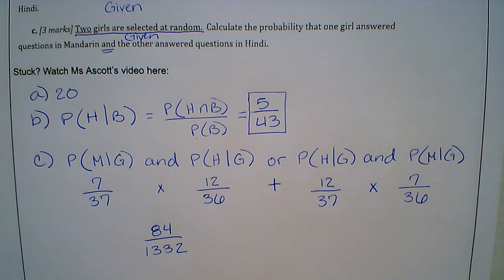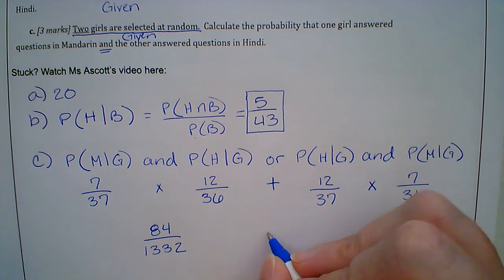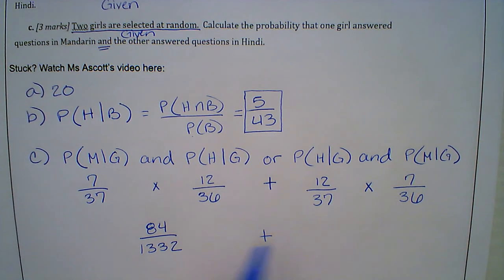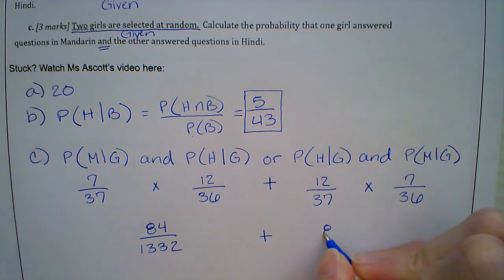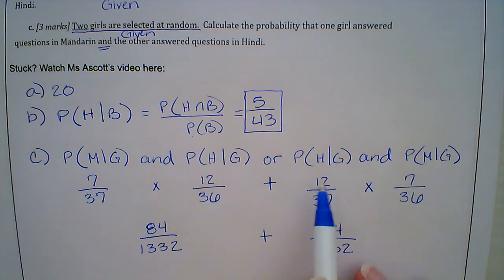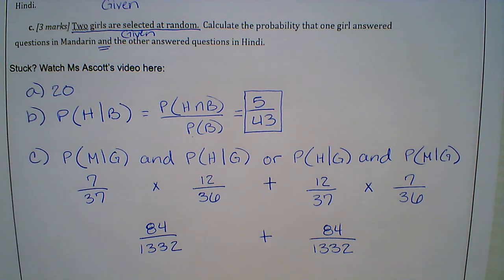So now, if I play this game again, as it turns out, for this one, if you'll notice, order doesn't matter. I'm actually going to end up with the same answer. 7 times 12, 12 times 7, both gives us 84. And then notice my denominator is exactly the same.